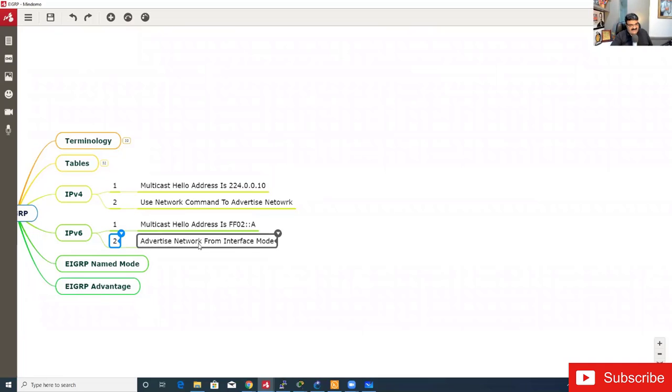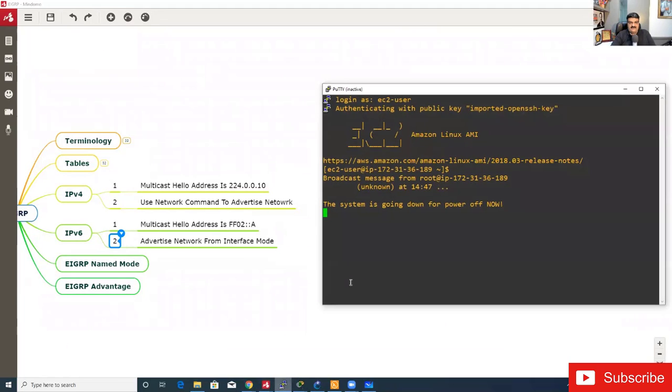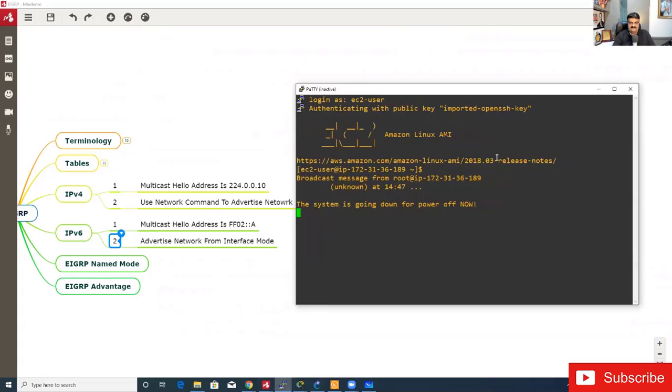So what I'm doing right now, I'm going to configure both IP version 4 and IP version 6 in GNS3, so you can understand the process, right? So let me go to GNS3. Okay, my system powered off.